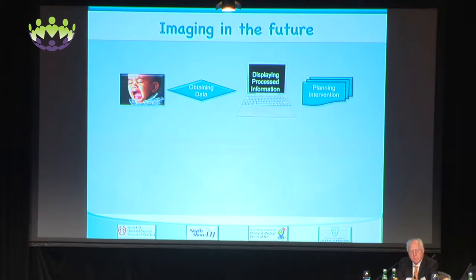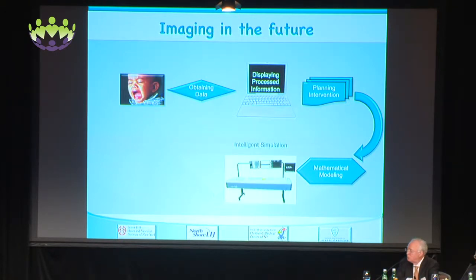So in summary, I think the imaging future is not only obtaining the image and post-processing, but we need to do something more. We need to bring that imaging post-processing into mathematical modeling that we can then bring into an intelligent simulator that can repeat the procedure X number of times before it gets performed.